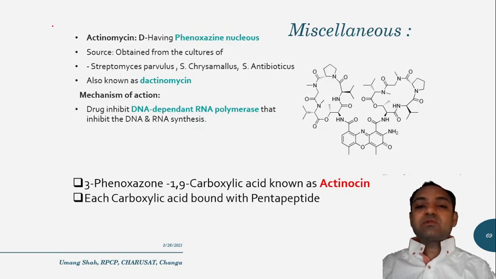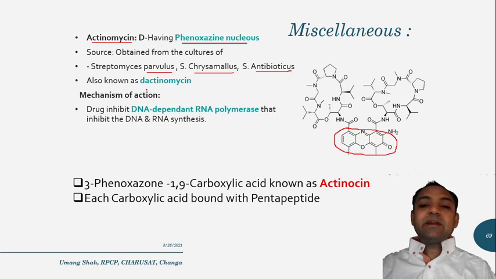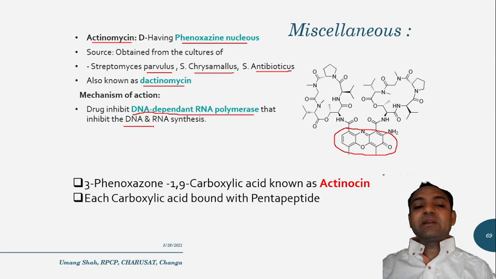Now let us discuss some of the miscellaneous class of antibiotics. First is actinomycin D, which has a phenoxazine nucleus. This nucleus is called the phenoxazine nucleus, and it is generally obtained from cultures of Streptomyces parvulus, Streptomyces chrysomallus, and Streptomyces antibioticus. It is also called dactinomycin. In some books it is written as actinomycin D, in some books as dactinomycin. The basic mechanism involved is inhibition of DNA-dependent RNA polymerase, an enzyme inhibitor, and that ultimately inhibits DNA and RNA synthesis.